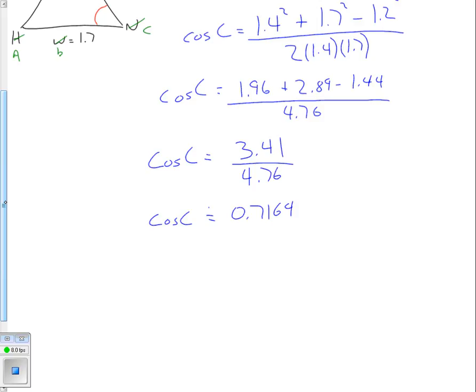Now what we need to do is get that C value all by itself, and that C value is subject to the cos function. The opposite of the cos function is cos inverse. So if we use cos inverse on the left-hand side of the equation, we also have to use cos inverse on the right-hand side of the equation.